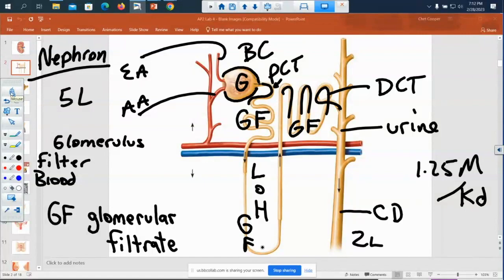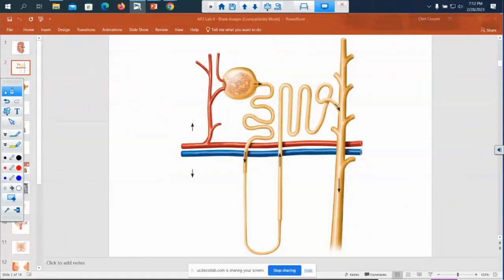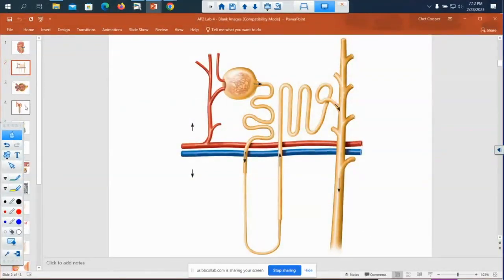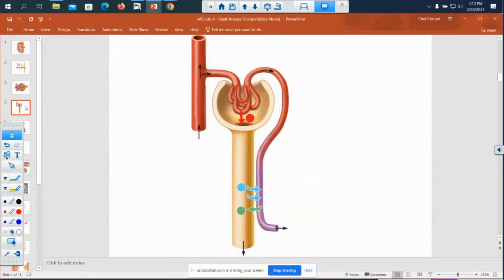Now, if you really want to know the nephron, you'll practice drawing it. Because if you can draw it, boy, then you really know it. So here's the next one I want to do with you.